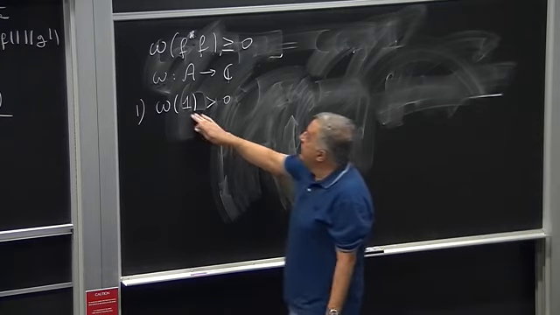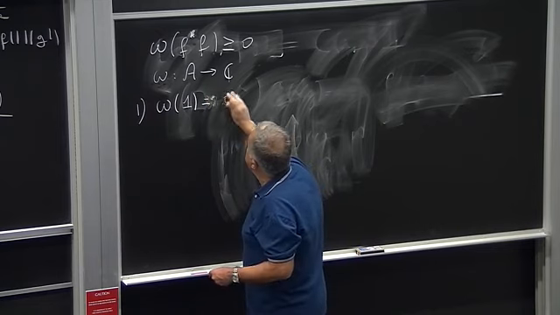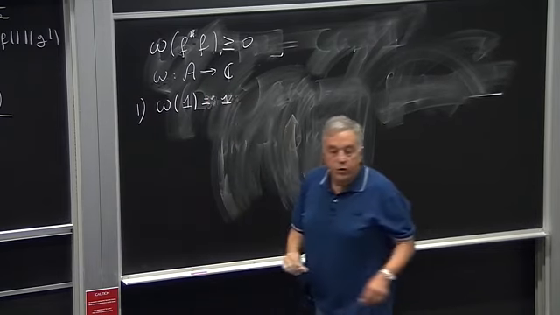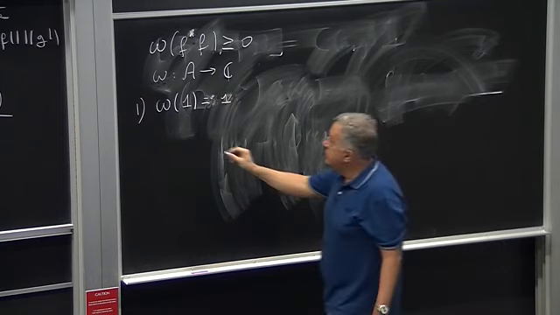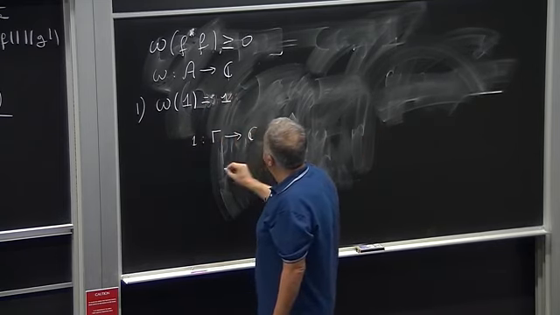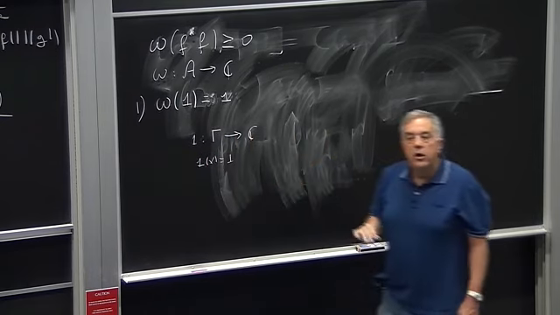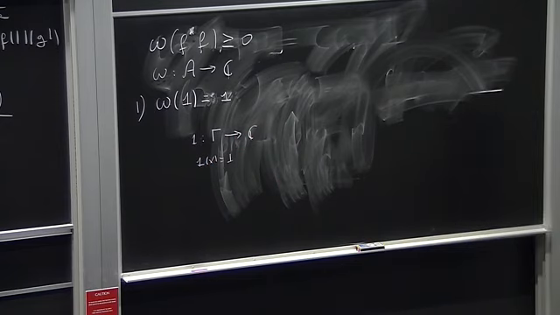Since it has to be positive, you can even assume that the functional is normalized. 1 is the function from the phase space into the complex numbers which is identically 1 on all the phase space.